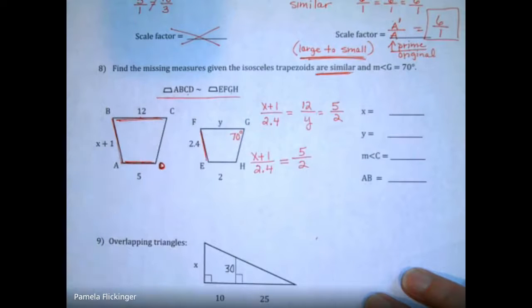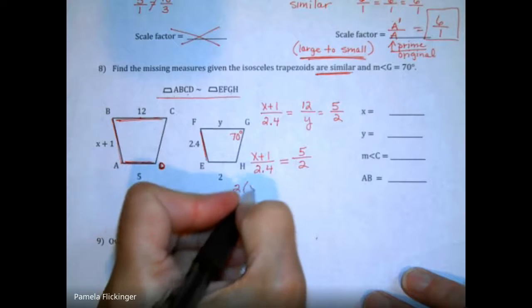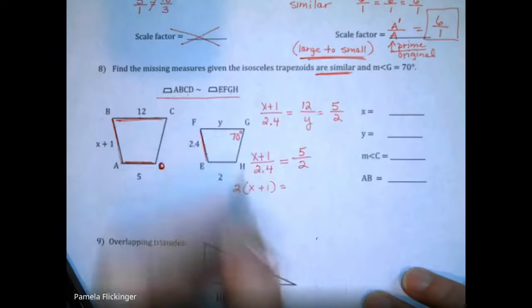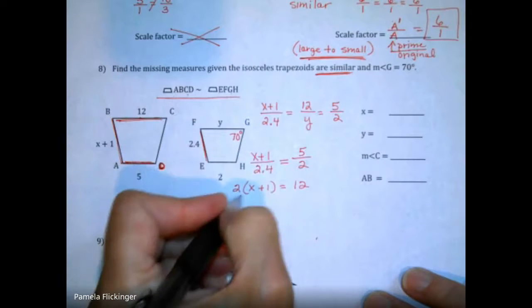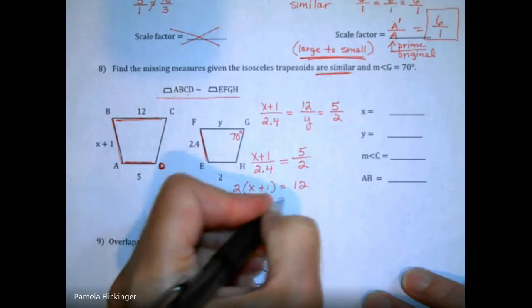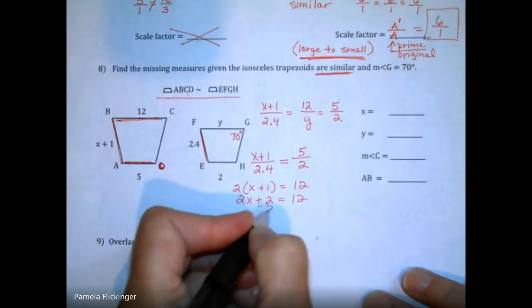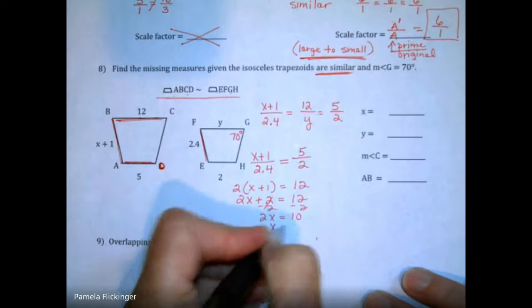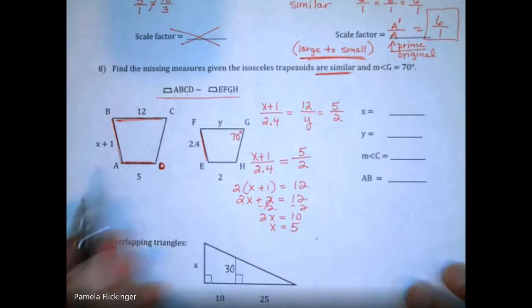Now I can cross multiply and just solve for x. So I've got 2 times the quantity x plus 1 equals 5 times 2.4, which is 12. So 2x plus 2 equals 12. Subtract the 2, divide by 2. So x is 5.